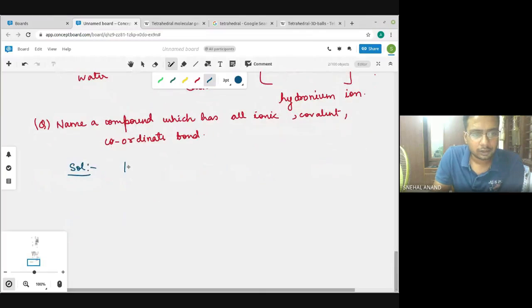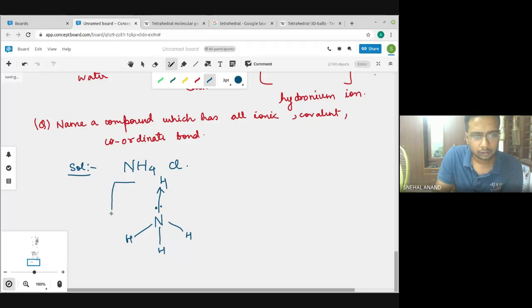Okay. So the correct answer here will be ammonium chloride. Ammonium chloride, if I draw the full structure, it will be like this. Ammonia and this hydrogen. The whole thing has a positive charge, and then you have a negative charge.